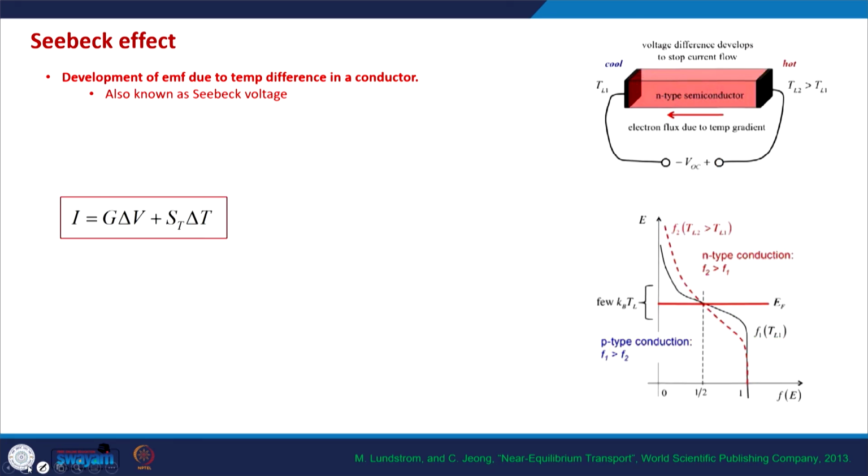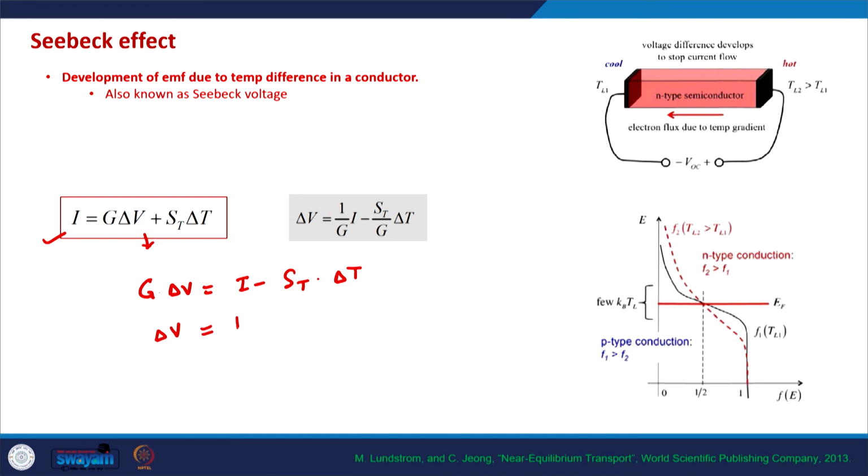Okay. So from the charge current expression, this is what we have: I = G ΔV + S_T ΔT, which means if we rearrange these terms, G ΔV = I − S_T ΔT, or ΔV = (1/G) I − (S_T/G) ΔT.